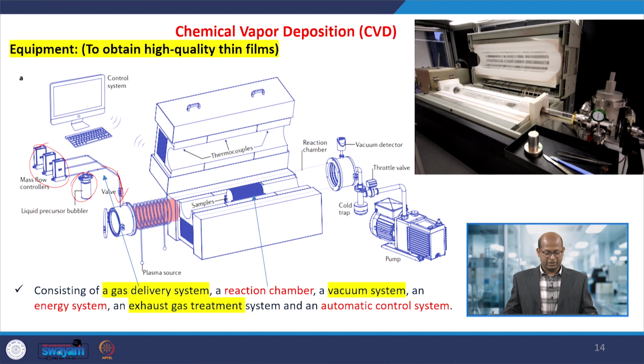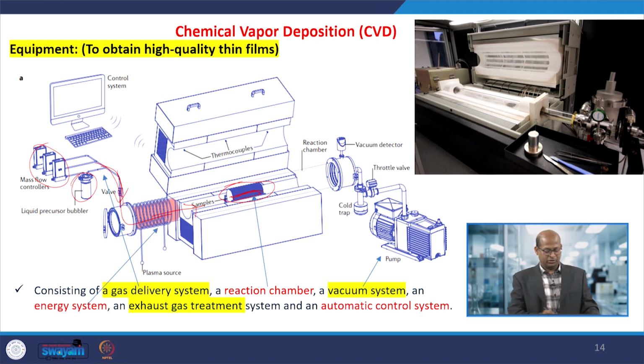Then there is a reactor or reaction chamber. Through this the starting materials or precursors pass. Here the substrate can be placed, and then there is a vacuum system, vacuum pumps. Those vacuum pumps create or maintain the pressure inside the CVD reactor.